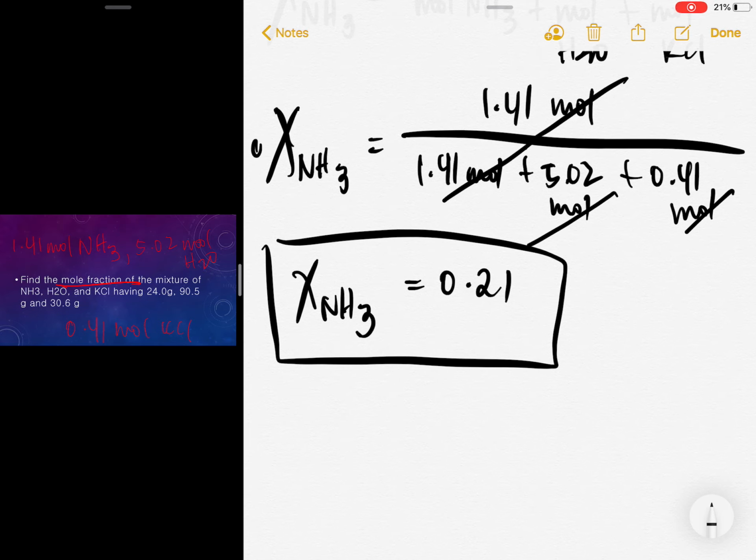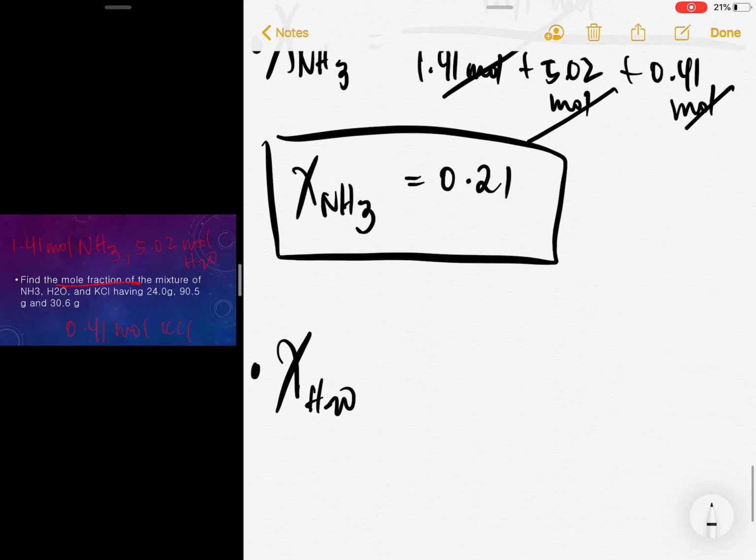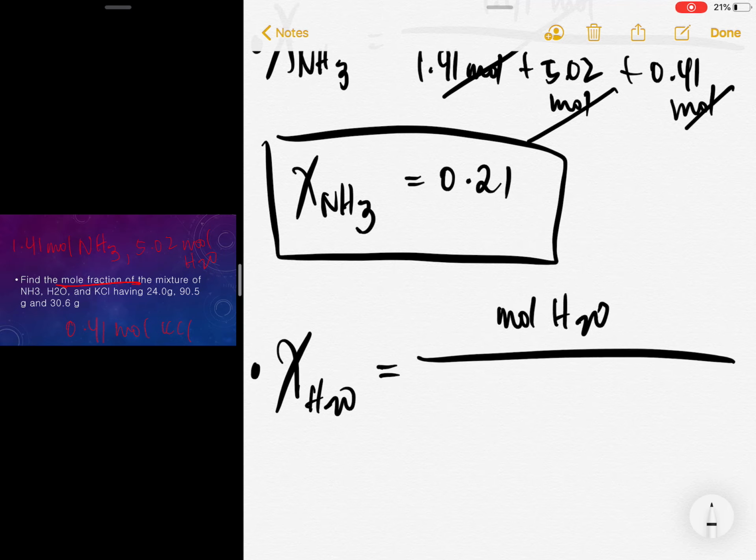Next, let's solve for the mole fraction of your water. Okay, so dahil mole fraction na to ni water, sino ang nasa numerator? Mole na po ni water. Sa baba po, total number of moles pa din po. Mole ni ammonia plus mole ni water plus mole ni potassium chloride. Now, substitute your values.